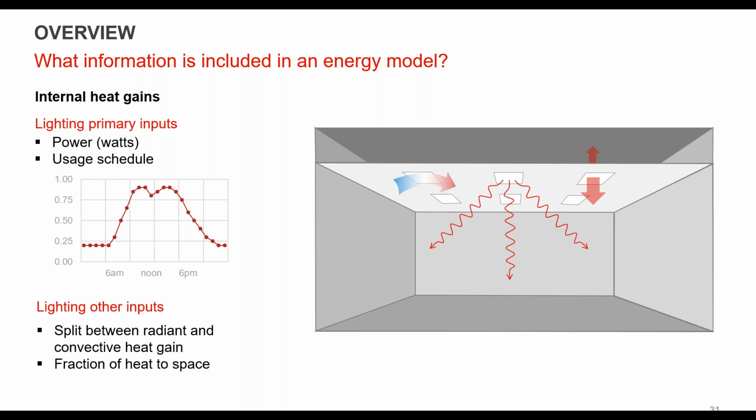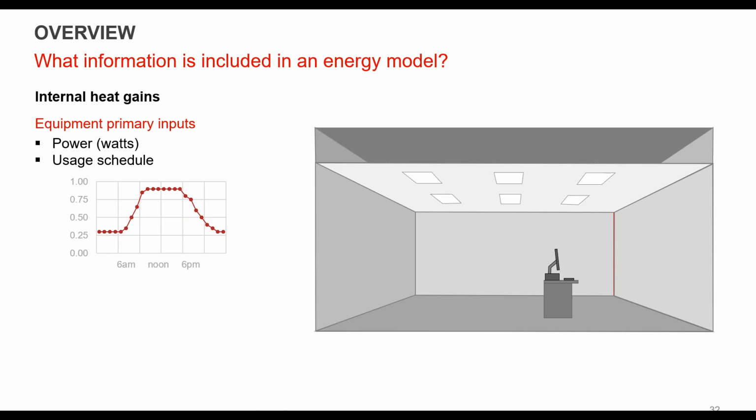So it's good to know if it's a recessed fixture, that's likely the case. If it's a surface-mounted or hung fixture, you might have a lot more of that heat actually ending up in the space. So it's good to understand how much is actually a load in the space versus how much is heating your return air or a plenum space.